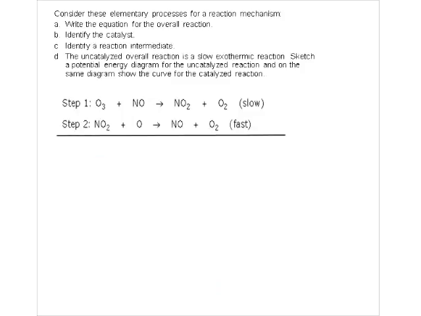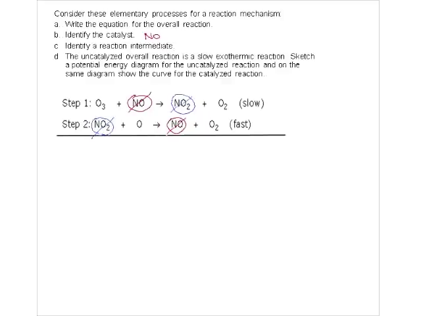Okay, here's another one. It says, consider the elementary process here. We want to write the overall reaction. Okay, shouldn't be a problem. We can start looking at this and saying, okay, NO is consumed and then recycled here. Ooh, that's a special one. So that's probably going to be the catalyst, the NO. The NO2 up above is being produced, and then it's immediately being consumed.